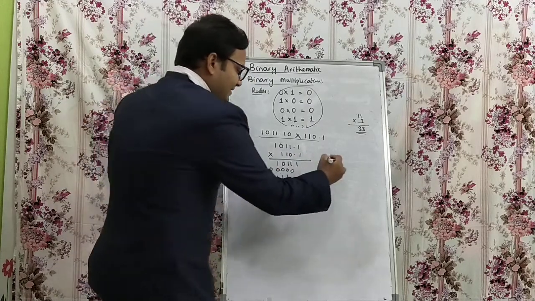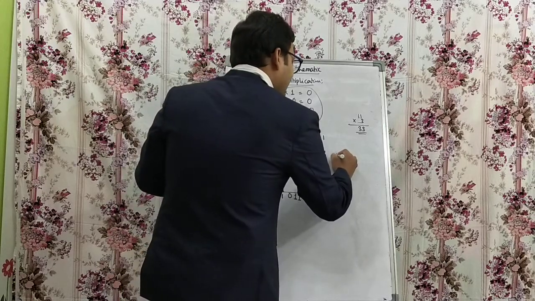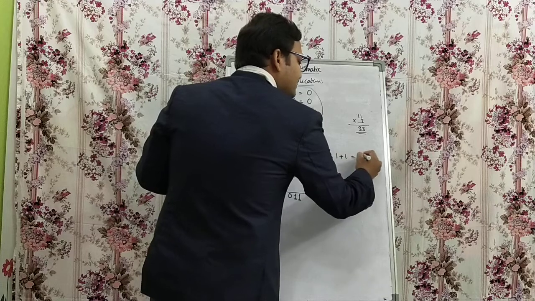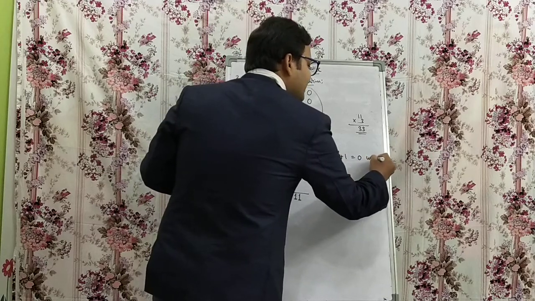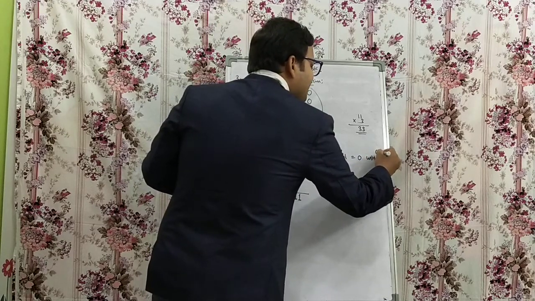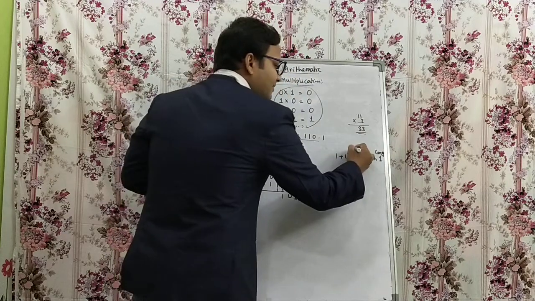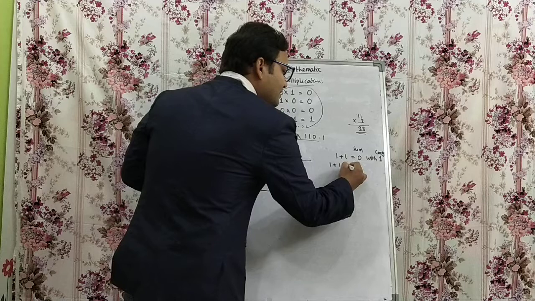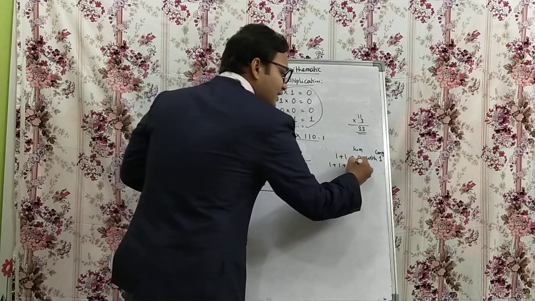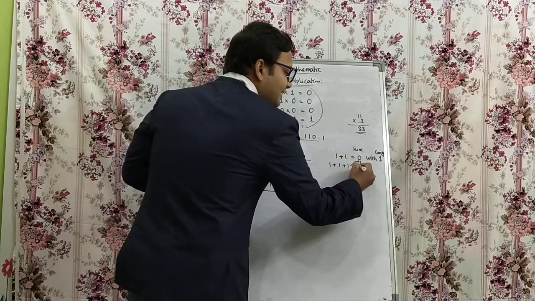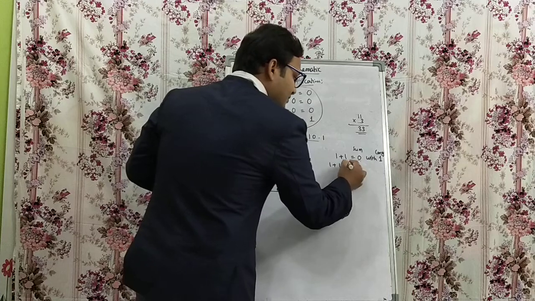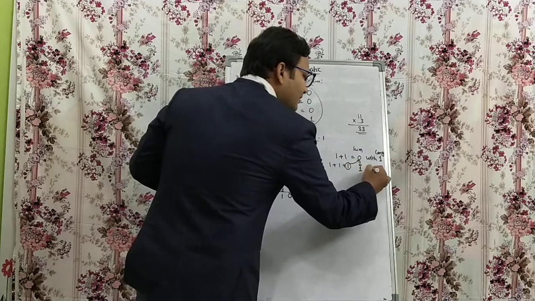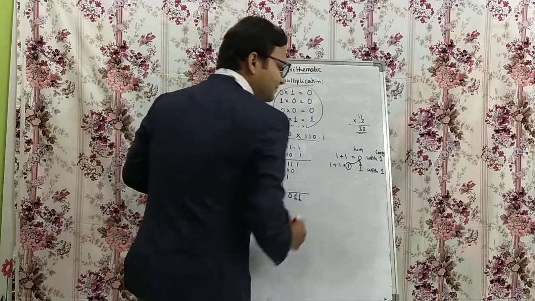So now what we are doing, 1 plus 1 at that time, sum is 0 with carry 1. Okay, this is my sum with carry 1. Now if it is 1 plus 1 plus 1, this one is adding here and giving me answer 1 with carry 1.